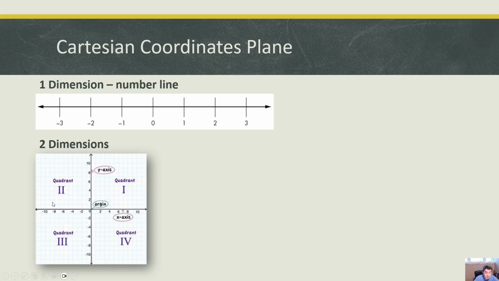At the same time, the x-axis and the y-axis divide this coordinate plane into 4 parts. That is also natural, like the number line: on the x-axis, right is positive, left is negative.